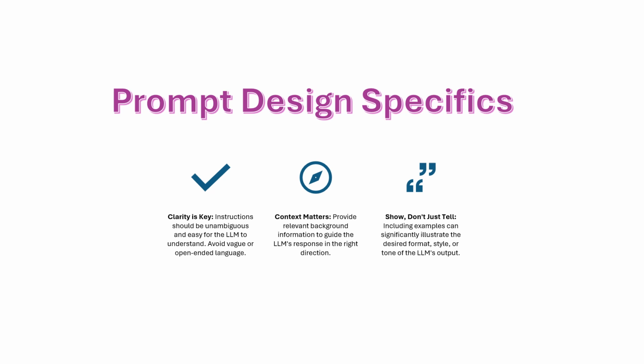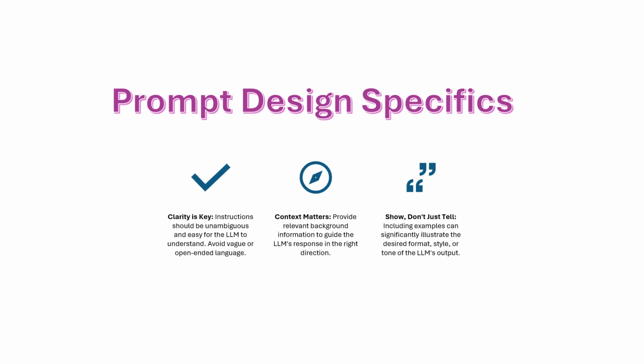For prompt design, clarity is key. Instructions should be unambiguous and easy for the LLM to understand. Avoid vague or open-ended language that leaves the LLM lost, and try to make it so that the LLM can really understand what you are trying to tell it. Number two, context matters. Provide relevant background information to guide the LLM's response in the right direction.